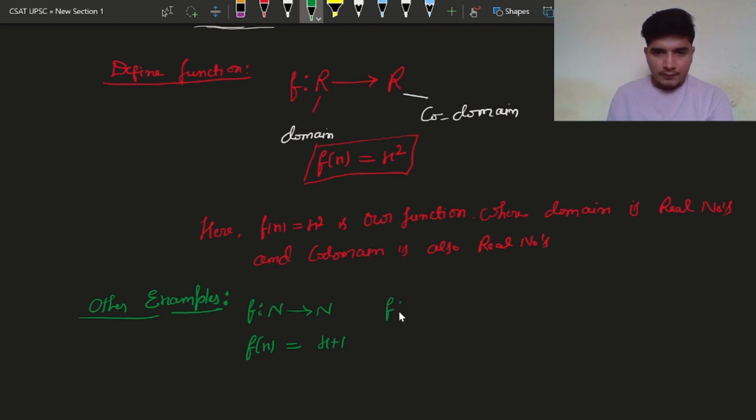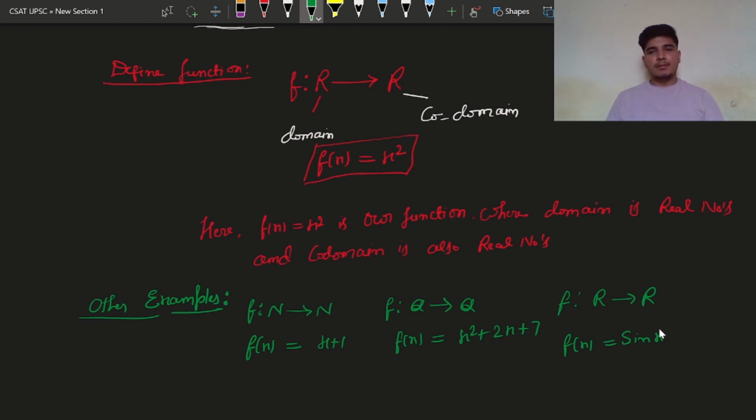Or f from rational numbers to rational numbers, f(x) equal to x square plus 2x plus 7. Or f from R to R, f(x) equal to sin x. So these are some examples by which we can understand what a function is.